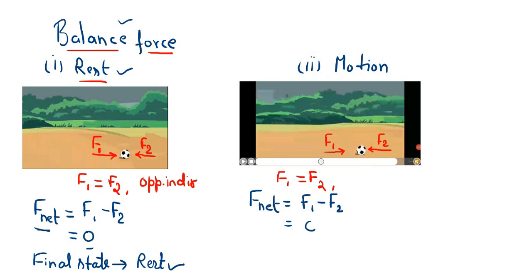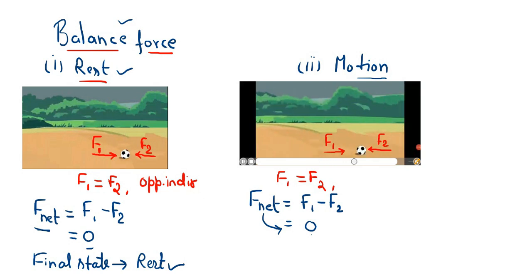They will cancel out the effect of each other as they are equal in magnitude, so net force is 0. If net force is 0, there is no force to change the state of this ball. Initially, what was the state of this ball? Moving, or motion. So finally, the state of the ball will be moving.